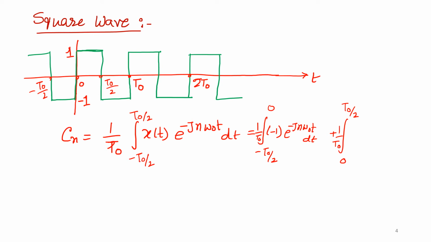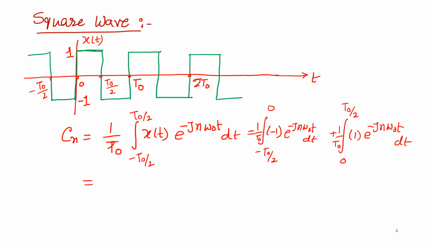So this is your x of t, and this is +1 times e to the power minus j n omega naught t dt. Now you can integrate these two, and that is very simple.